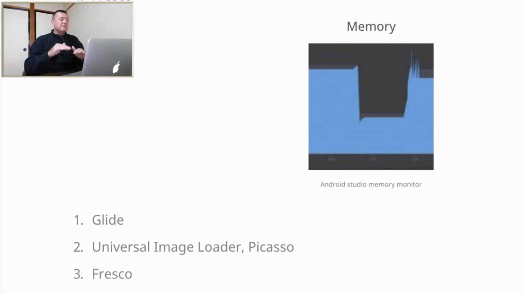They basically consumed a similar amount of memory with each other. And Fresco consumed significantly more than the other image loading libraries. So I put Fresco at the bottom, which was a little bit surprising, but from this particular testing on my application, Fresco finished bottom.